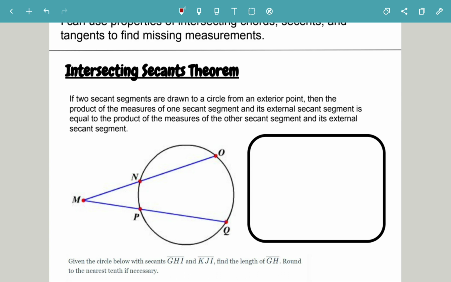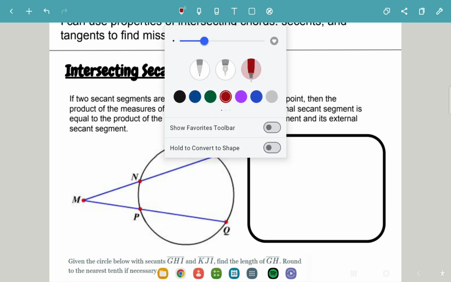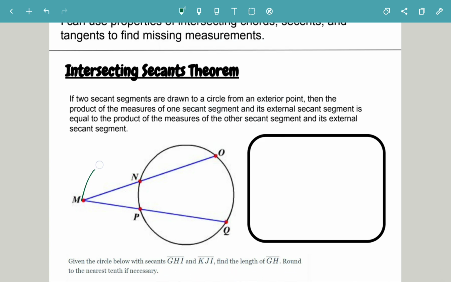So if two secant segments are drawn to a circle from an exterior point, then the product of the measures of one secant segment and its external segment is equal to the product of the measures of the other secant and the external secant, which basically means the whole thing times the outside.